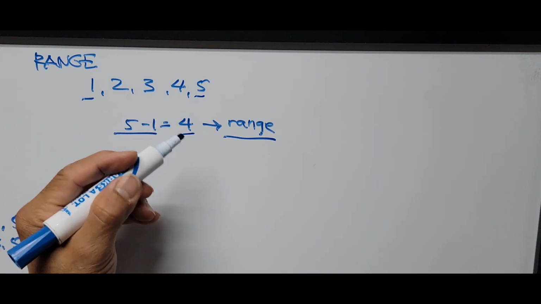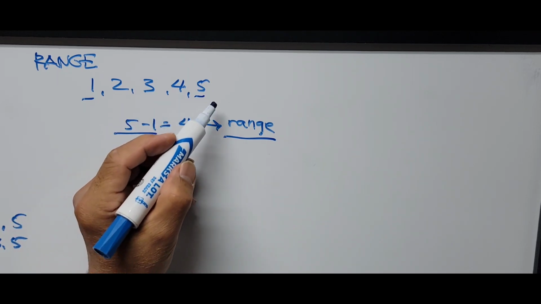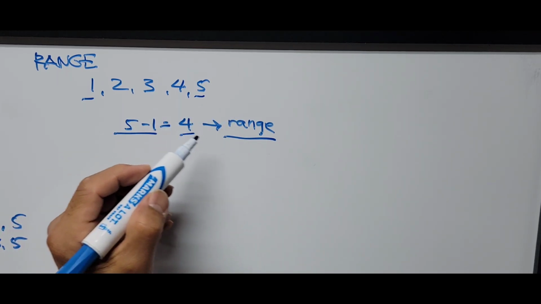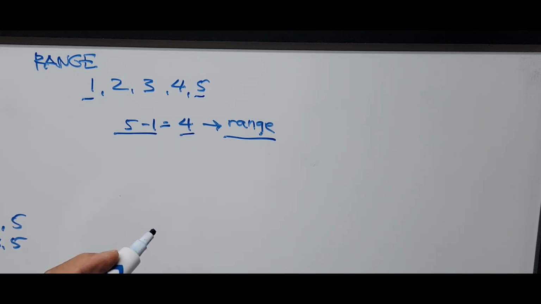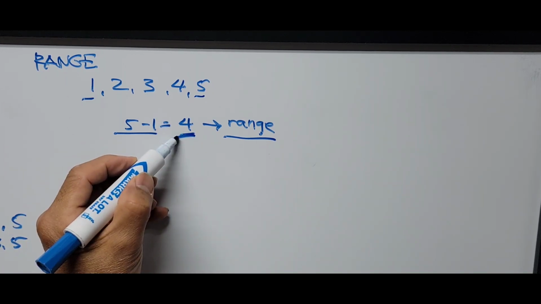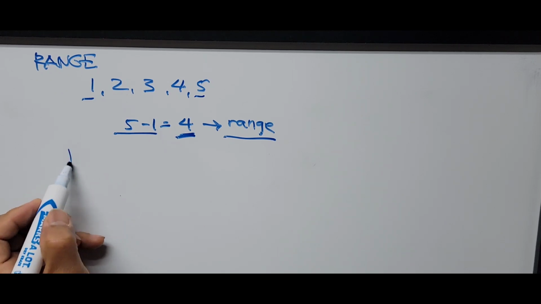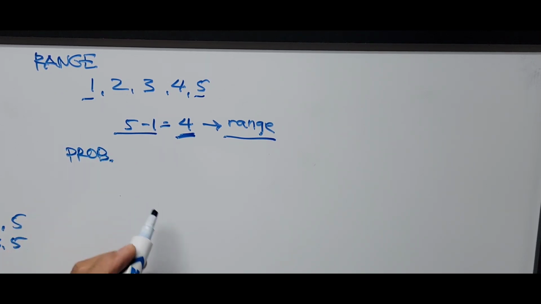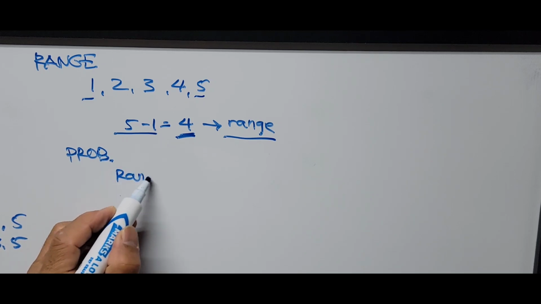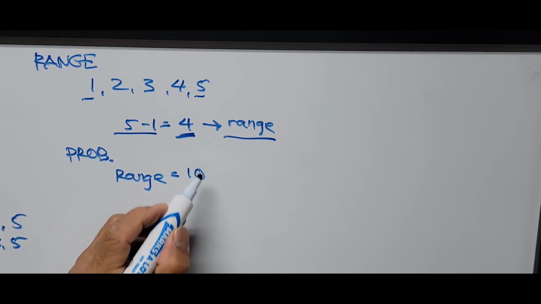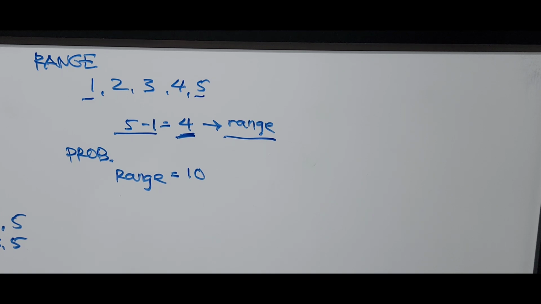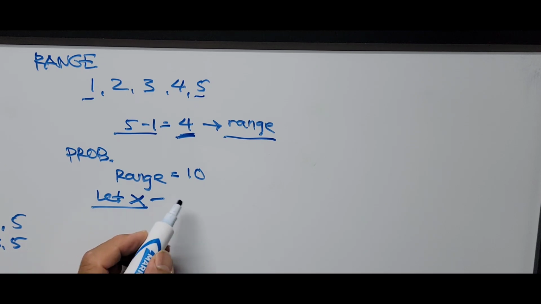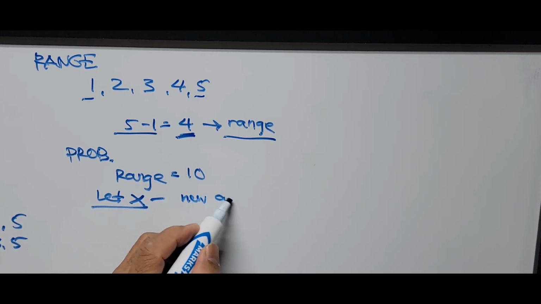What if one value is added to this, and the new range now will be 10 instead of 4? So that's the problem now. The new range is 10, and what will be the new added value? Let x be the new added value.